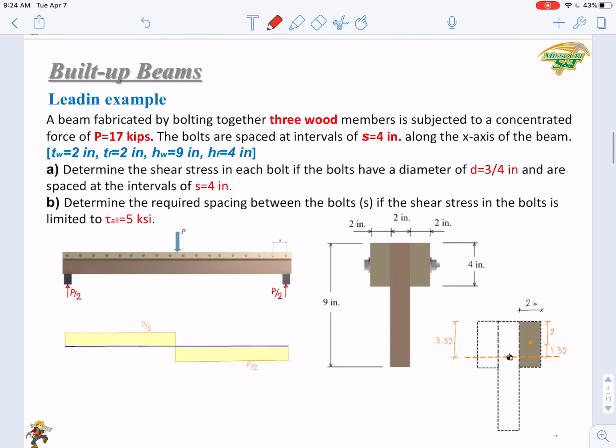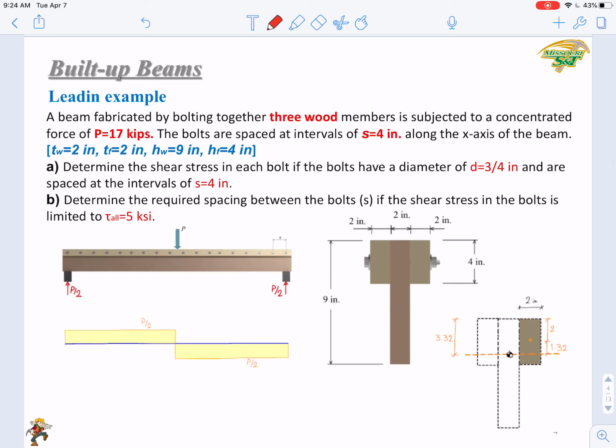Then we will look at a lead-in example. Here, a beam fabricated by bolting together 3 wood members is subjected to a concentrated force P, and the bolts are spaced. This is something special in this type of problem.